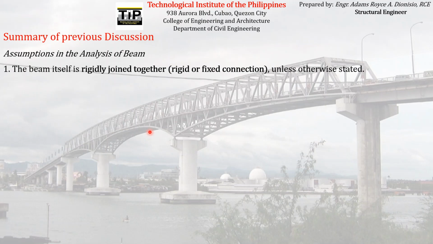Ibig sabihin lang nun, if we will try to disconnect those parts, may lalabas na mga internal forces, which in the case ng fixed connection, alam natin na pag pinaghiwalay natin or dinisconnect natin ang isang fixed connection, may lalabas na dalawang forces, vertical and horizontal usually, at isang moment, which have equal magnitudes but opposite in direction on each part na dinisconnect or pinaghiwalay natin. So that's our first assumption when we analyze a beam.